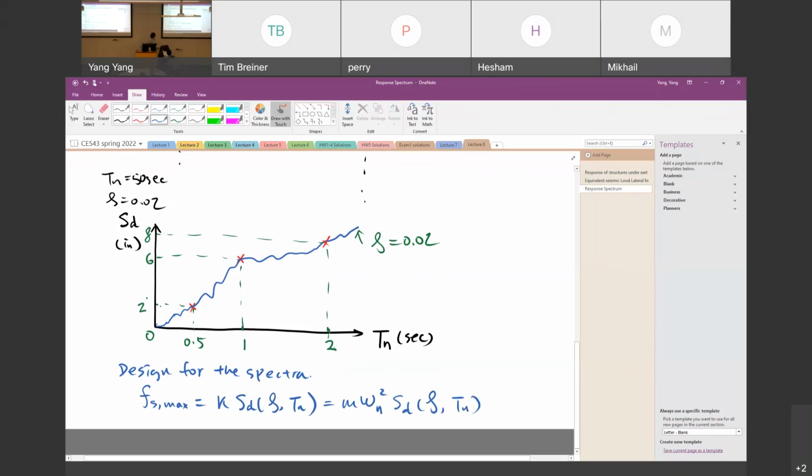That means for any given earthquake, we should be able to tell the maximum equivalent force applied to the structure if we know the natural frequency and the damping ratio of the structure, so that we can use the spectrum to quickly figure out the maximum load effect on that structure. So this is one of the important concepts in structural dynamics as well as in seismic design.